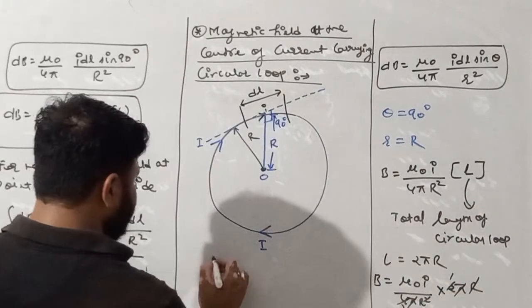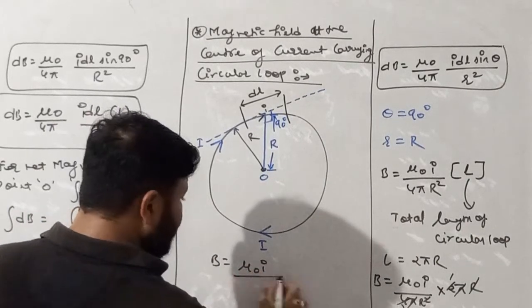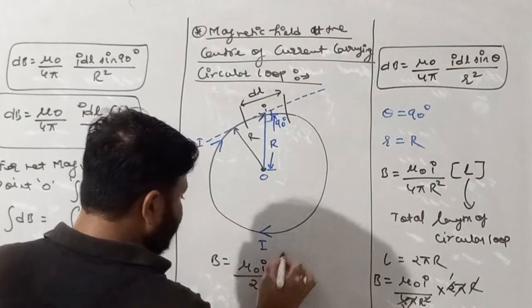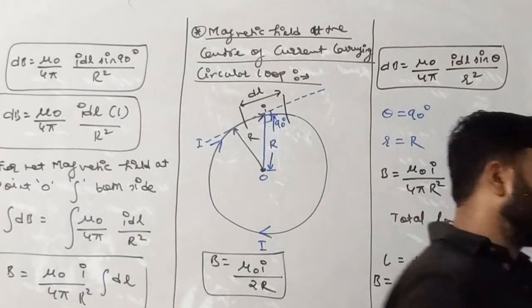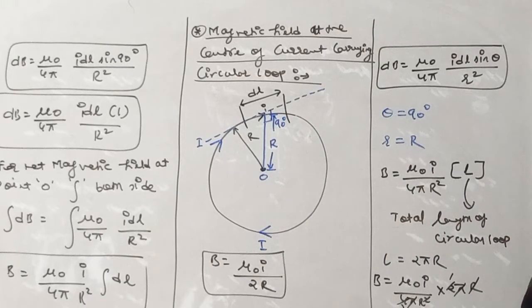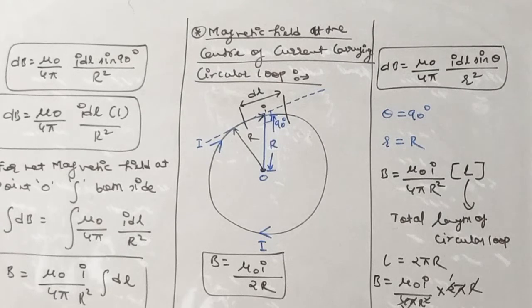So we get B equals mu naught I upon 2r. This is the value of the magnetic field at the center of a current carrying circular loop, that is, mu naught I upon 2r.